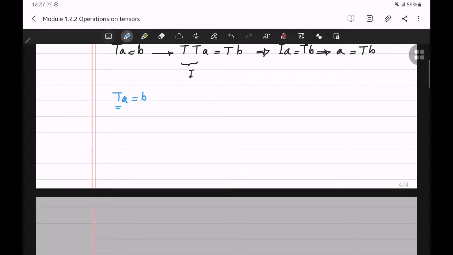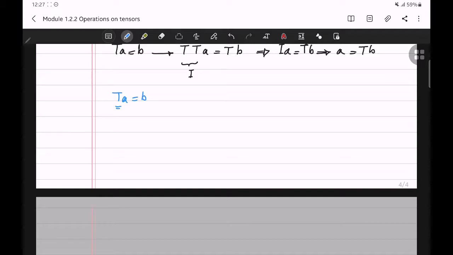So there is only one tensor that can transform A into B. But if T is not invertible, if it is singular, we had the same concept in matrix algebra: if the determinant of T is equal to 0, you cannot invert it.